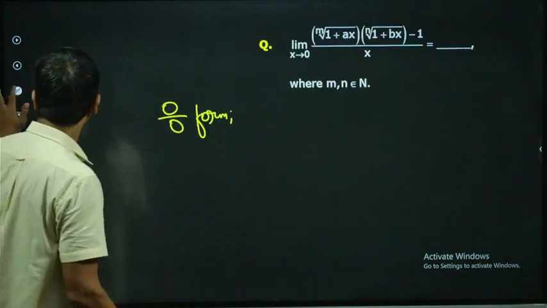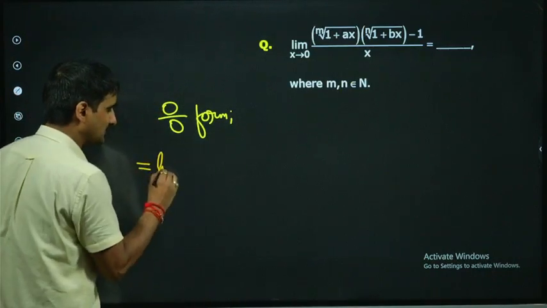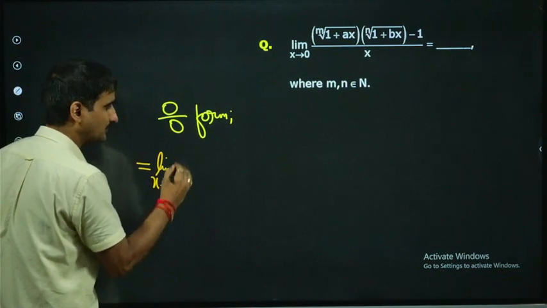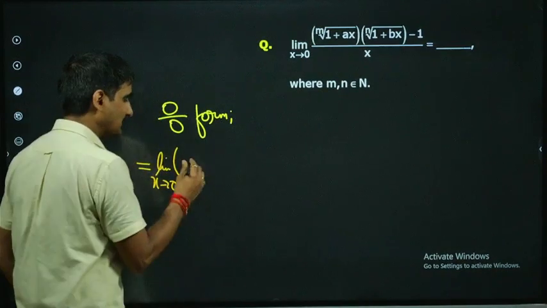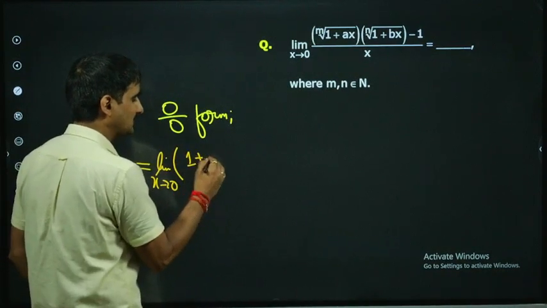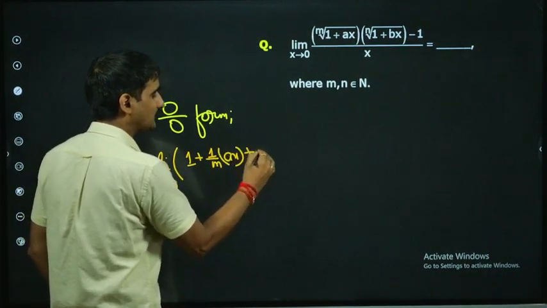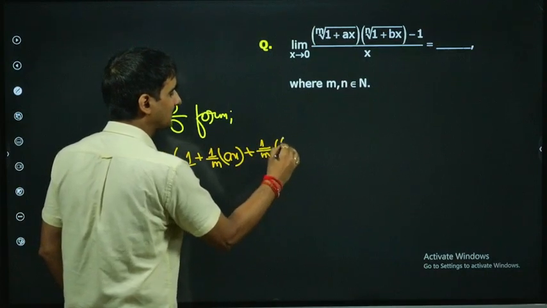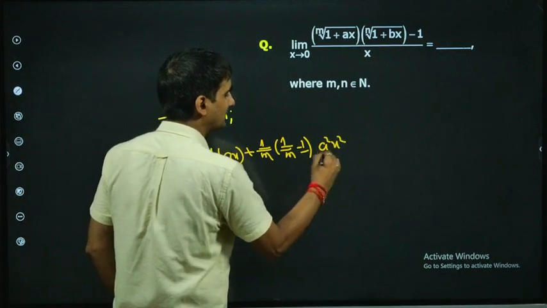Okay, so now let's go back and apply it here. So I will write it. This limit as x approaches 0. Let's apply it for the first one, which is (1 + ax) whole raised to the power 1 by m. I will write it as 1 plus 1 by m into ax plus 1 by m into (1 by m minus 1) into a square x square by 2 factorial.